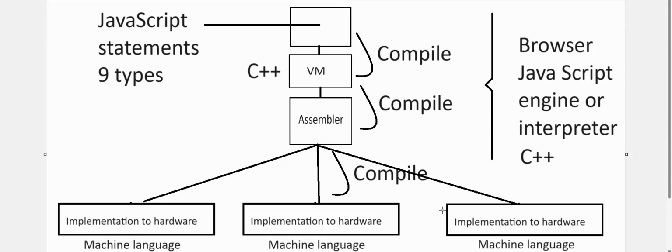For example, in our JavaScript program, at first we have a statement of type import, and the engine translates that import into virtual machine language.